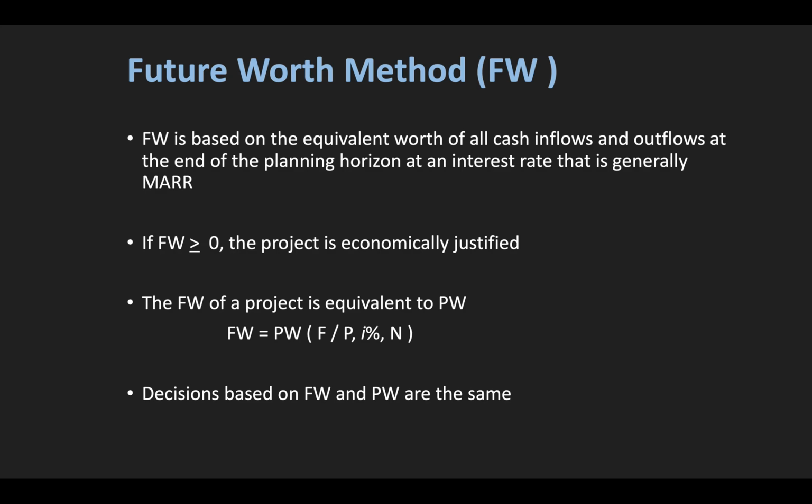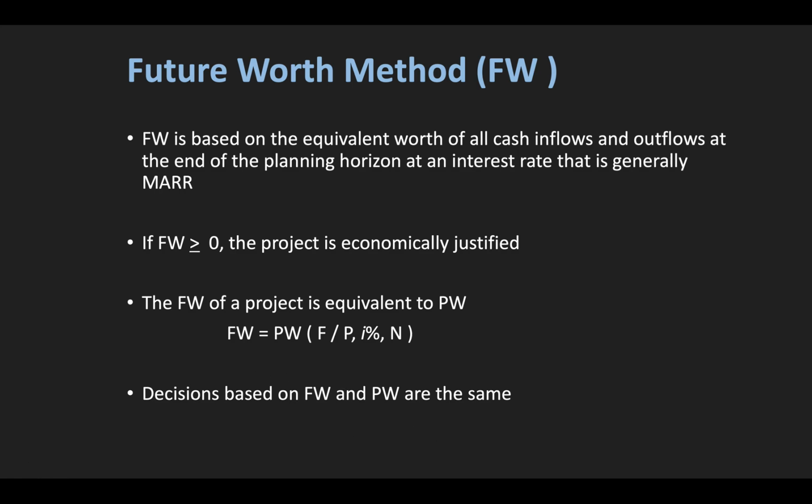Again, all the calculation is the same as what we did before, from present value to future value. The only thing is that if FW, the future worth, is bigger than zero, then we could invest in the project. Otherwise, no, right?